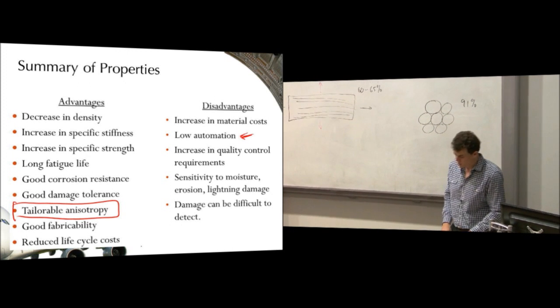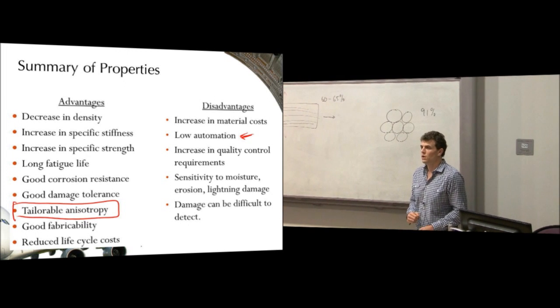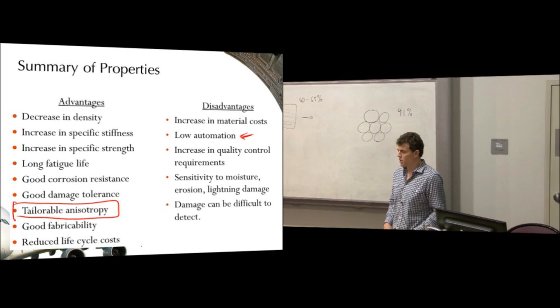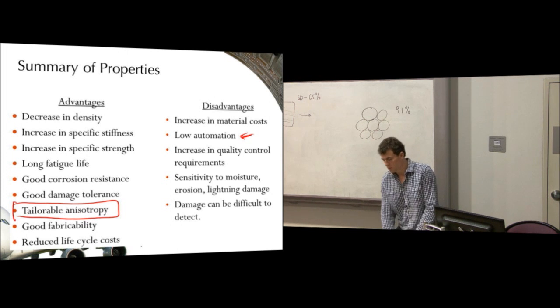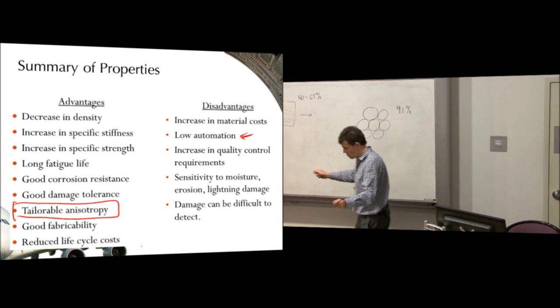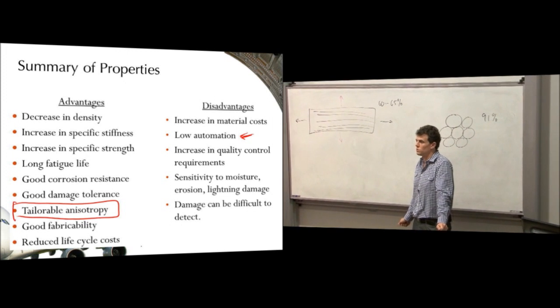It's probably the biggest thing that's changing in the composites industry at the moment: the amount of automation. It used to be that when you made a component out of carbon fibre, you had to manually, by hand, lay the sheets of material down into a mould as you're making it.